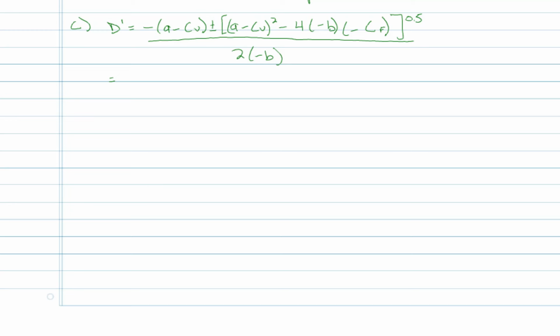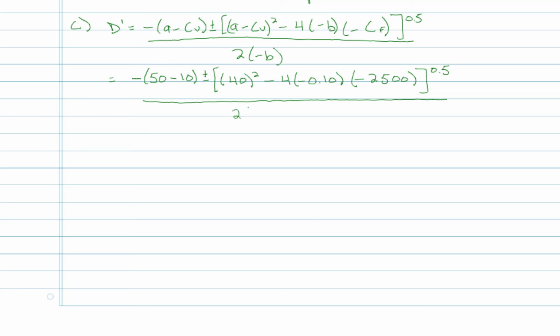Okay, we have negative (50 minus 10) plus or minus (50 minus 10, which is 40) squared minus 4 times negative b, which is negative 0.10, times the negative fixed cost, negative 2,500, and within the brackets is to the 1/2 power, and all of that is over 2 times negative b, negative 0.10.